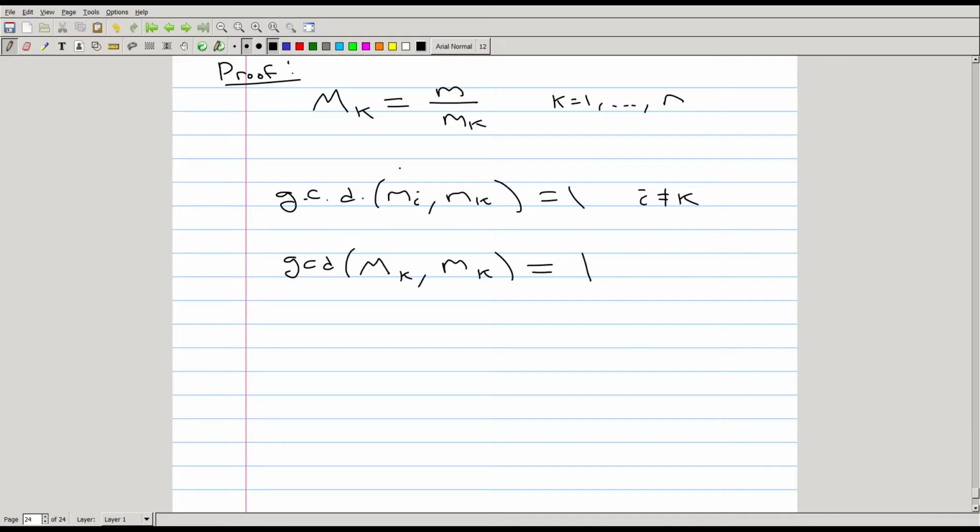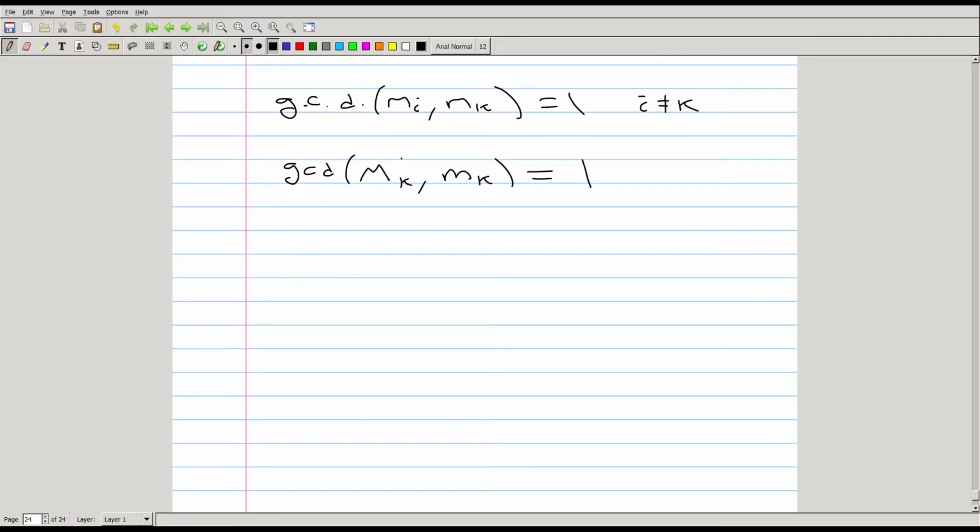And this is because Mk is a multiplication of all of the moduluses except for lowercase mk. I want to be really careful here to distinguish between uppercase Mk and lowercase mk. Uppercase Mk is the product of all of the moduluses except for mk, and because mk has a GCD of 1 with each one of the moduluses where mi is not equal to mk, the GCD of this product with mk has to be equal to 1.